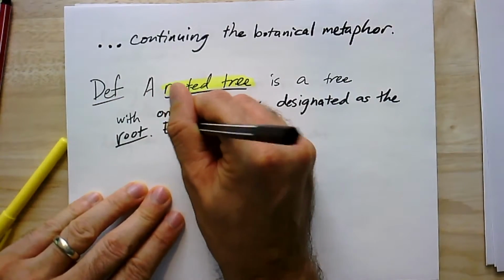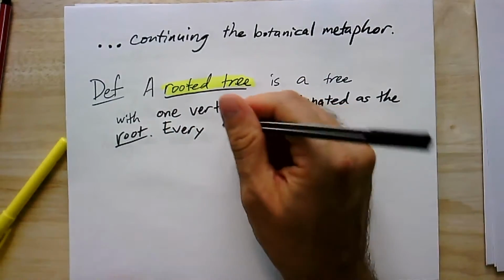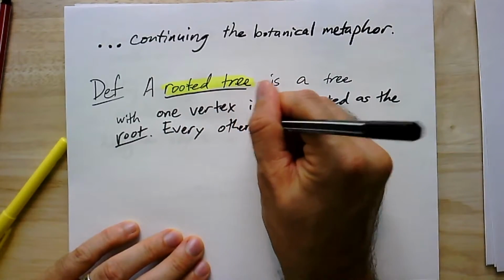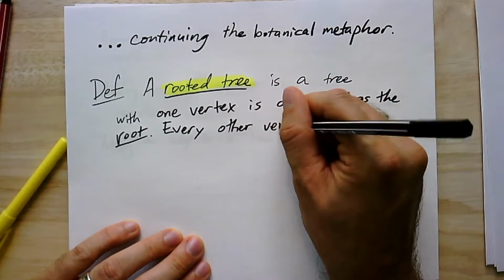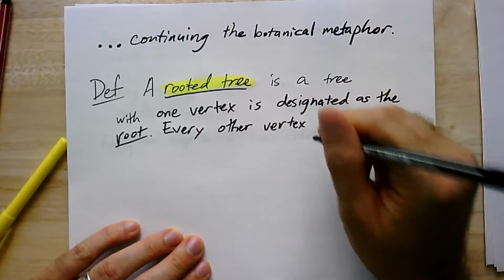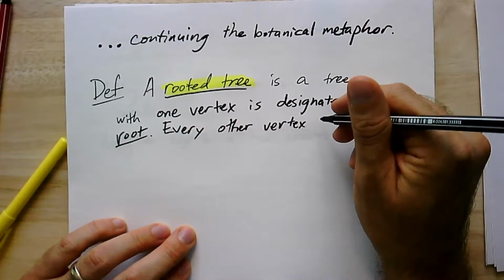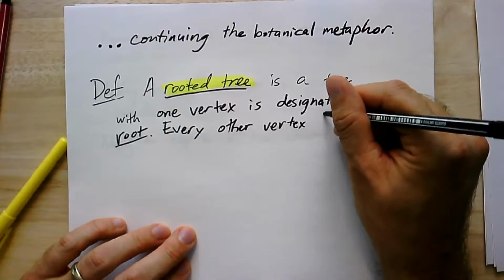Every other vertex, other than the root, has a unique parent. And the way you find the parent is you just take the path to the root and it's that first vertex you hit.